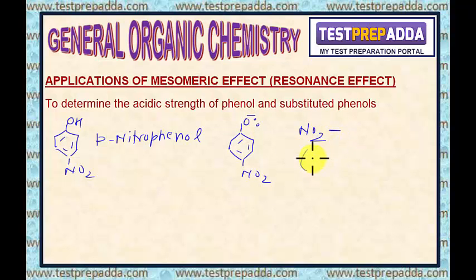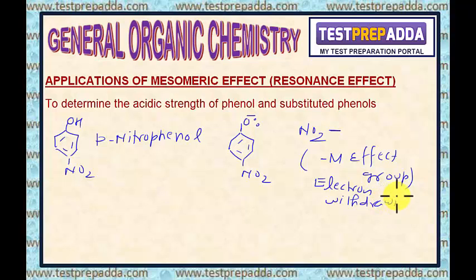Now let me tell you that NO2 is actually a minus M effect group. Negative mesomeric effect. Now what is this negative mesomeric effect? This is an electron withdrawing group. This is electron withdrawing through resonance.